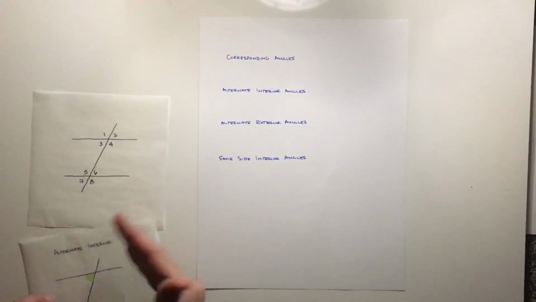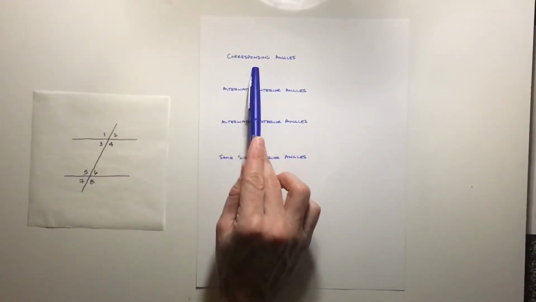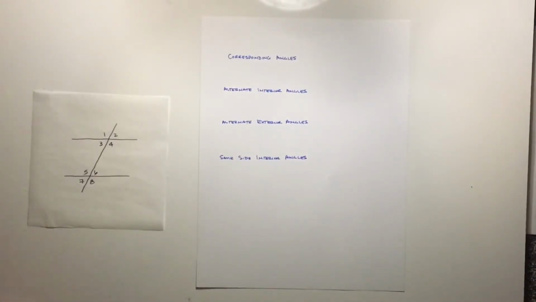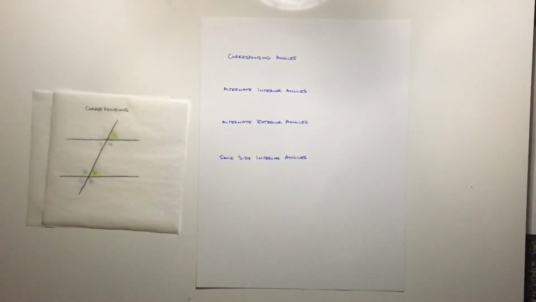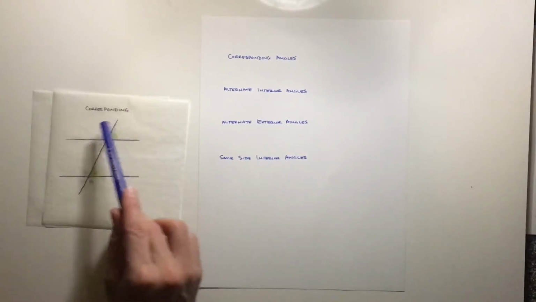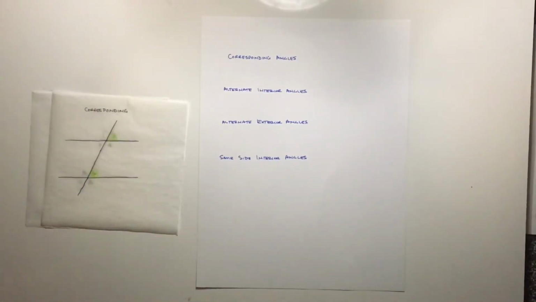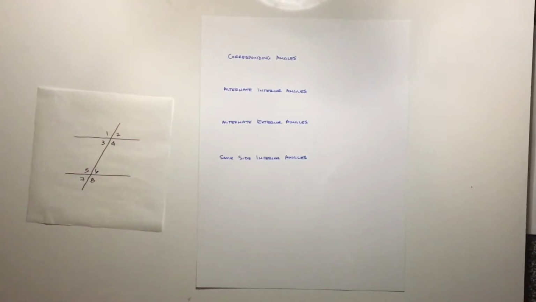The only one that is not as ridiculously obvious in its description is corresponding angles, yet they still make perfect sense in that they are angles that open in a corresponding direction. Angles 2 and 6 open in the same direction. They are both in the upper right-hand corner with respect to the transversal and the lines they have cut. In a similar vein, angles 1 and 5 are corresponding.